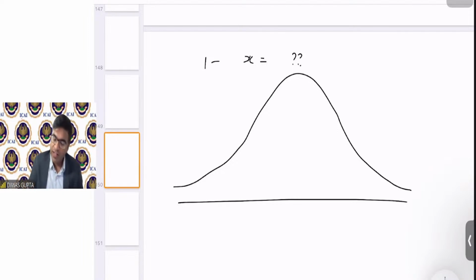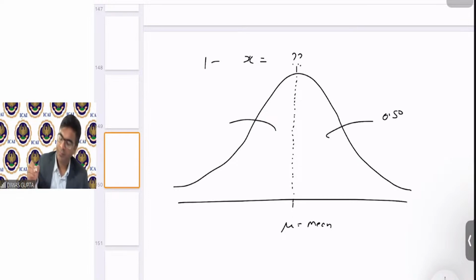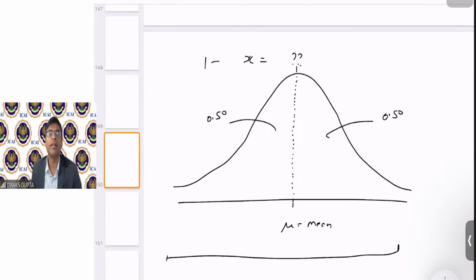If you draw the middle line here, which is the mean, it will divide this into equal parts, 0.5 here and 0.5 here. And the total will always be equal to 1.